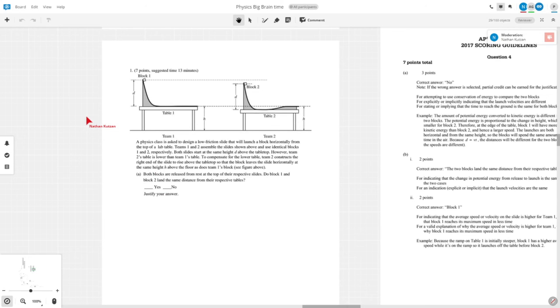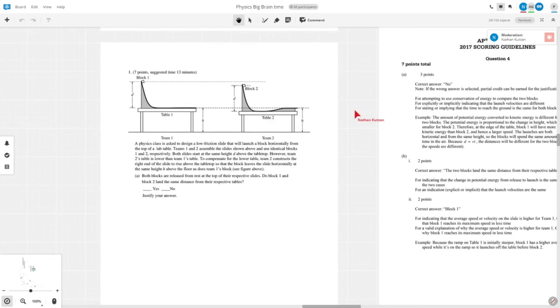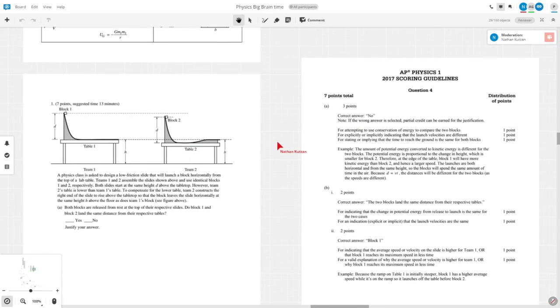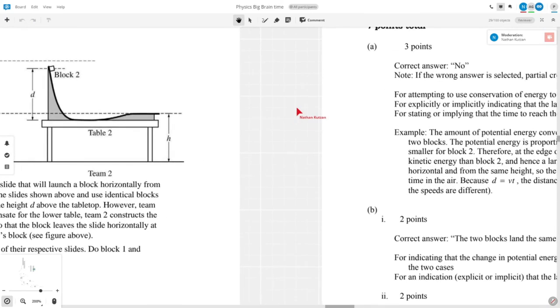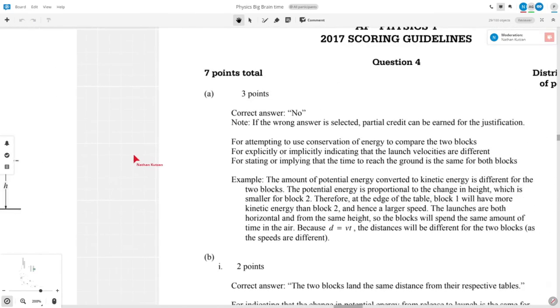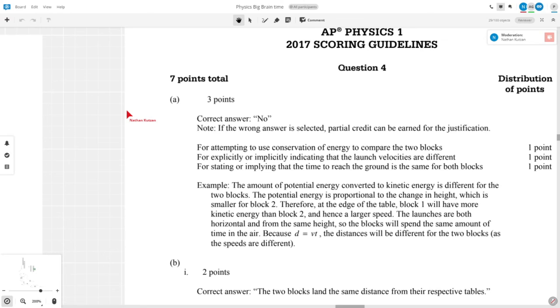If you look at the rubric, the first 2 points almost everyone got. Let me zoom in a little bit more. The first point was for attempting to use conservation of energy to compare the 2 blocks. Almost everyone got that right, because you just had to say the other one started higher, they start at the same height, more energy equals farther.